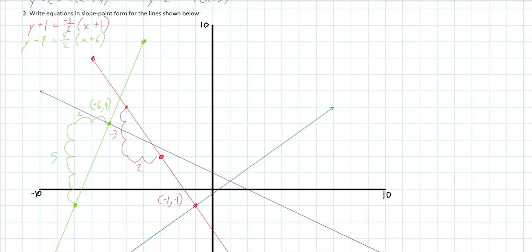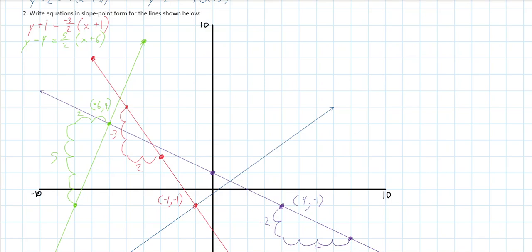Okay, now looking at the purple one, you can pick any point you want, but I recommend not using one on one of the axes if you can. So I'm going to pick this point here. Okay, and I'm going to find my slope. So 1, 2 down, 1, 2, 3, 4 to the right.